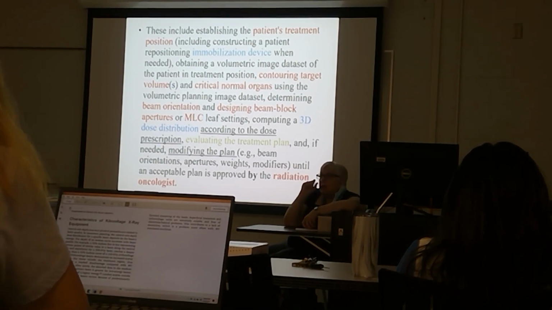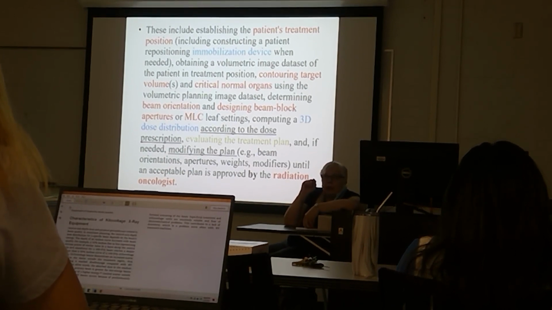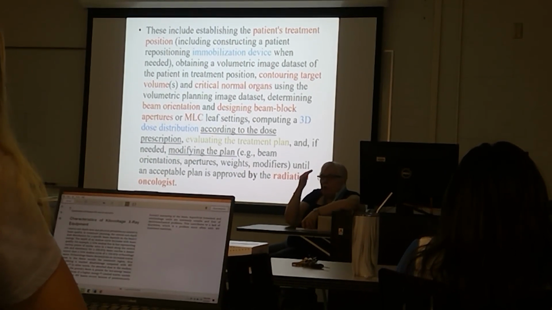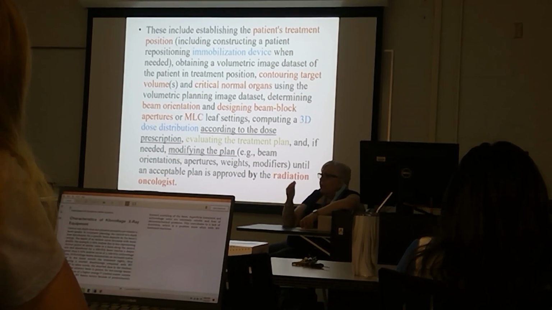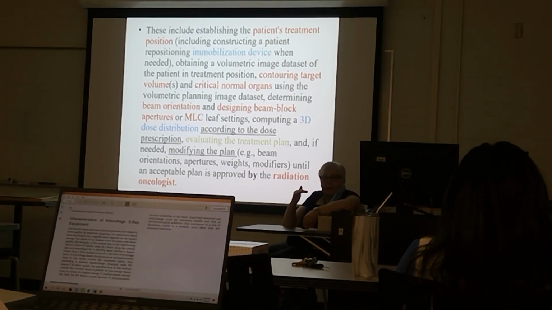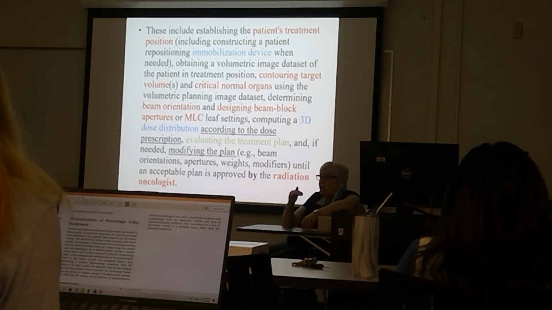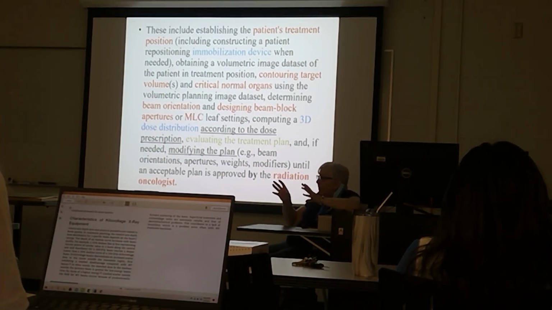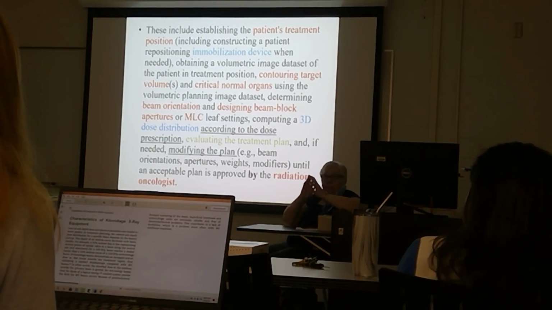But the doc comes along and says, no, that's not gonna work. Is there anything you can do? I want less from the AP. So he may decide to do 10% from the AP, which will mean that some of the other fields have to be more.